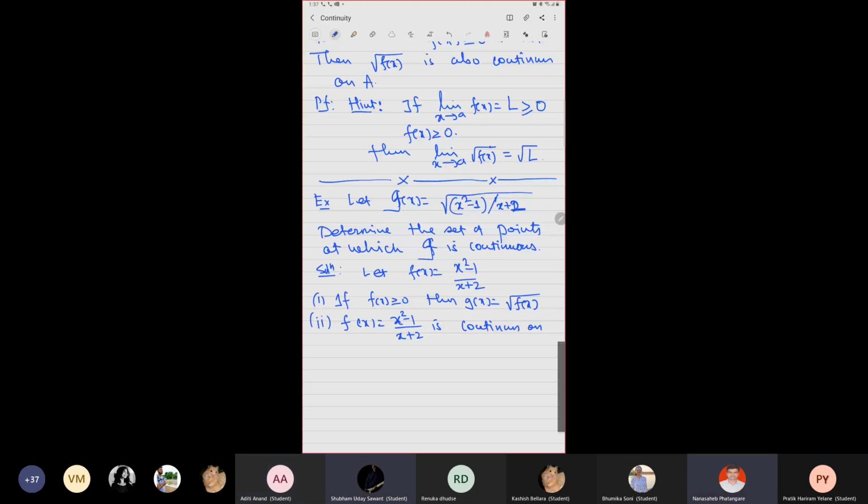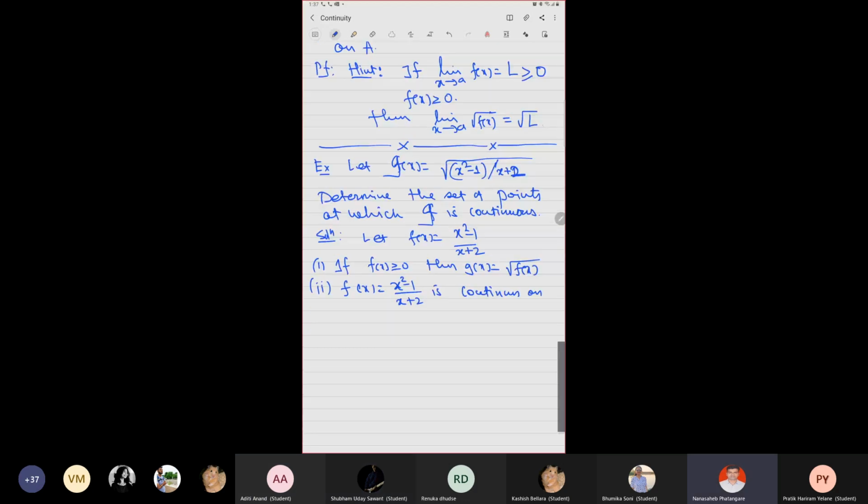So it is continuous everywhere except at x equal to -2.